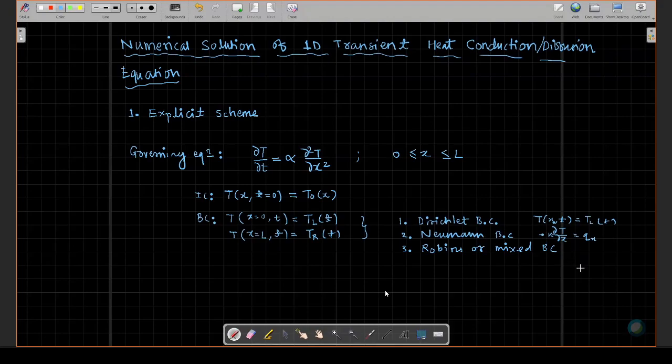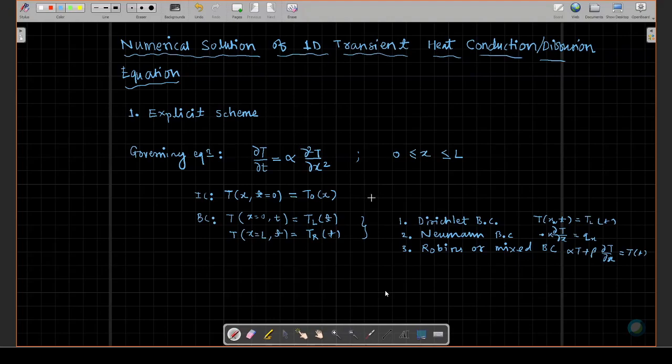Suppose you have a combination of the two, which is like alpha T plus beta del T by del n, where n is the normal direction, at x equals some specified value. So if that is there, then we say that these are mixed boundary conditions.